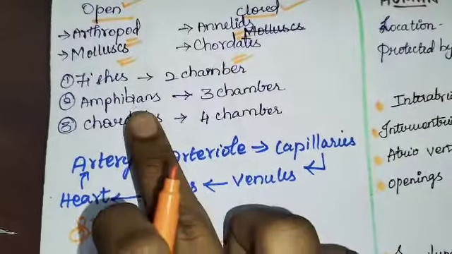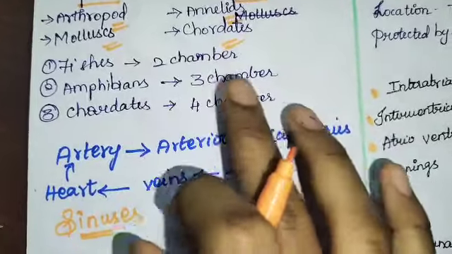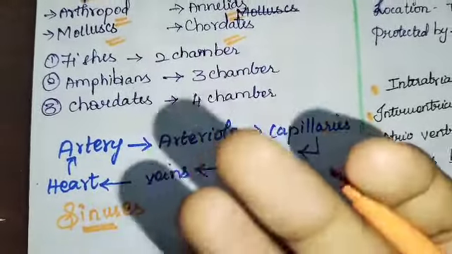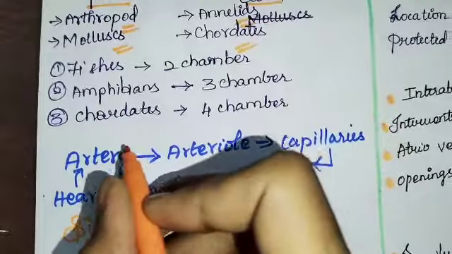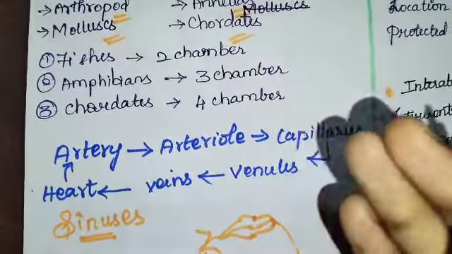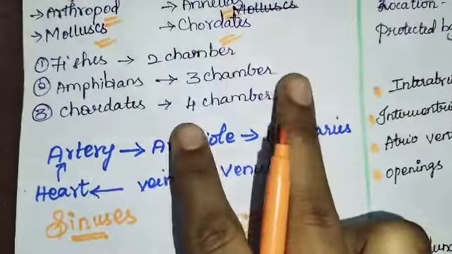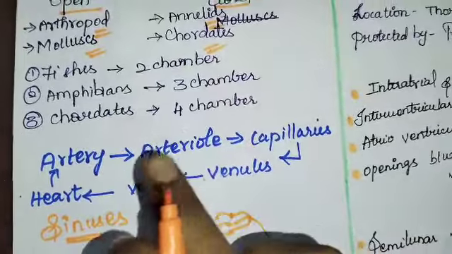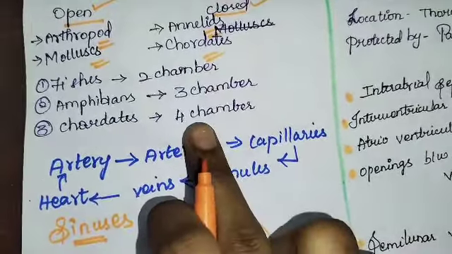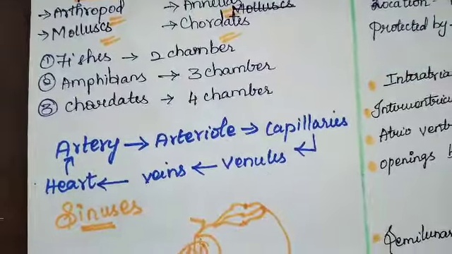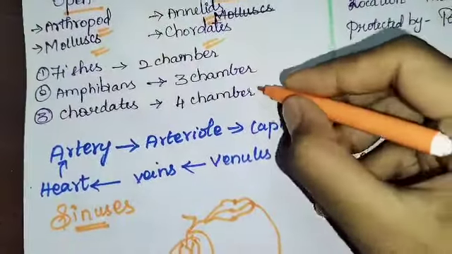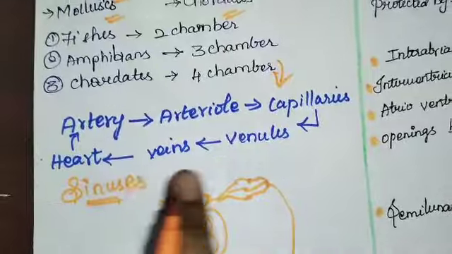But if you take amphibians, they have three chambers but the blood is mixed. Then chordates are highly evolved, that is, they have four chambers, two atria and two ventricles. So they have double circulation. The flow of blood in chordates is like this.